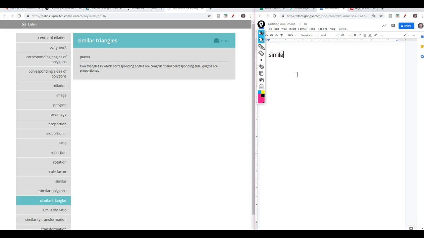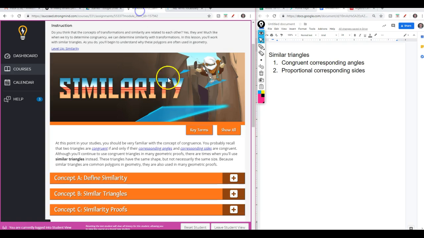Similar triangles have one, congruent corresponding angles, and two, proportional corresponding sides. Alright, so that's two things to check.